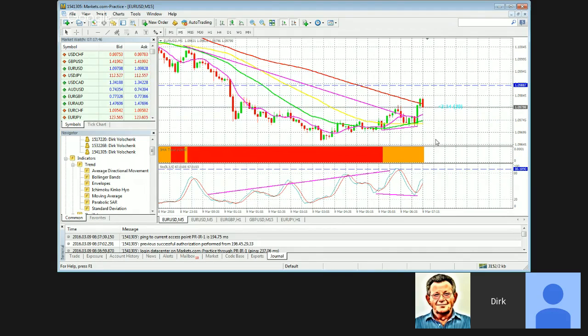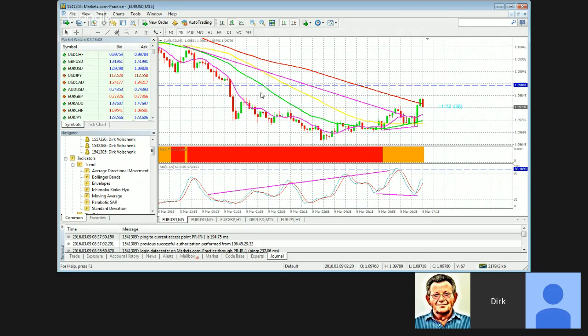The reason being is that they have to point in the same direction as well, all three. So here I've got the 100 pointing down, the 50 kind of pointing down, wanting to go sideways, and the 30 going up. So they're not running in the same direction anymore. That means it's starting to consolidate.